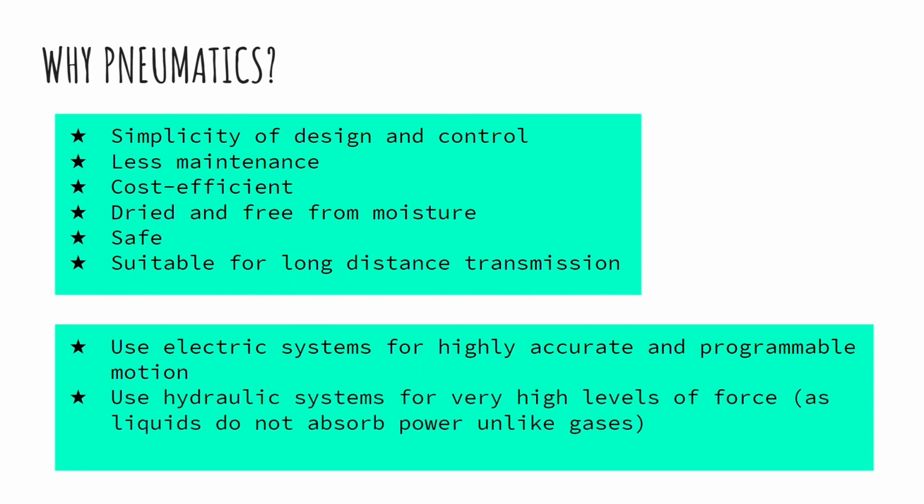And if we want very high levels of force, then we can use hydraulic systems, because liquids do not absorb power, but gases do. Here we use gases to produce motion in pneumatics, but in hydraulics we use liquids to produce motion.